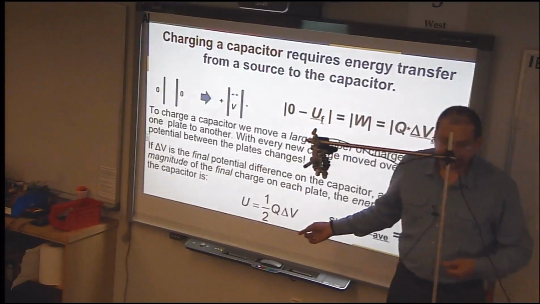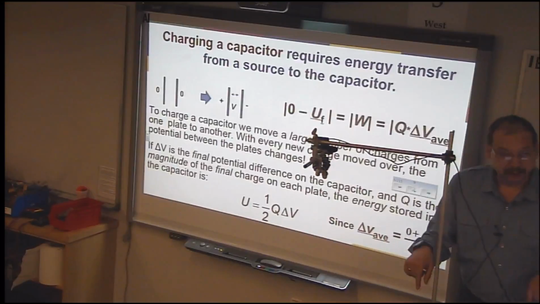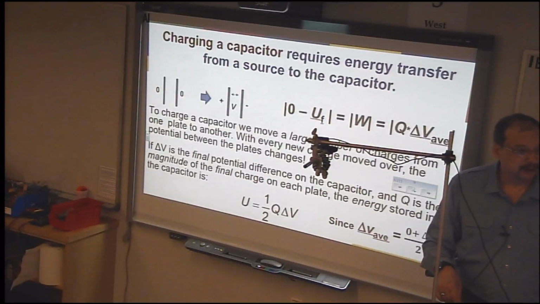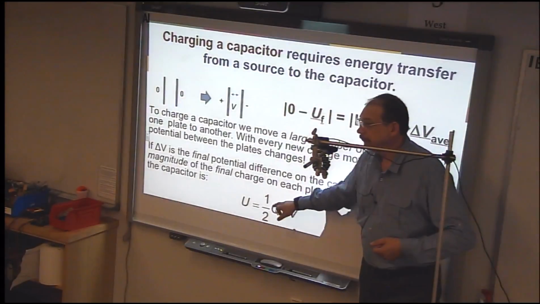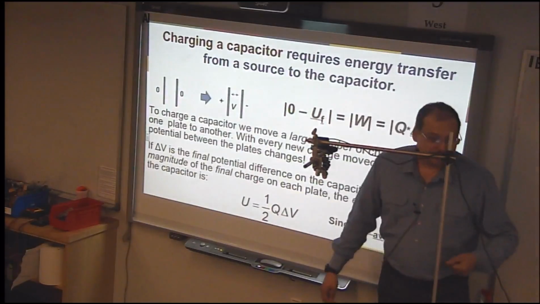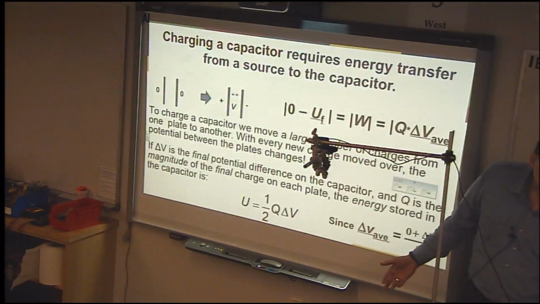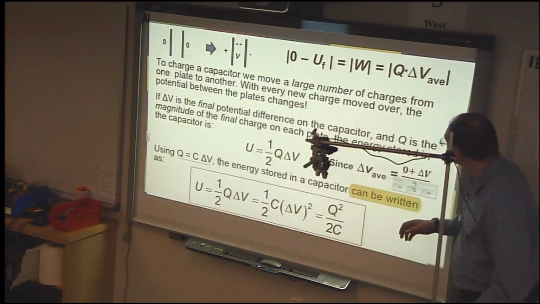This equation can be rewritten. We know, from last week's class, that these variables are also related. The amount of charge is proportional to the potential difference, and the coefficient we call the capacitance.